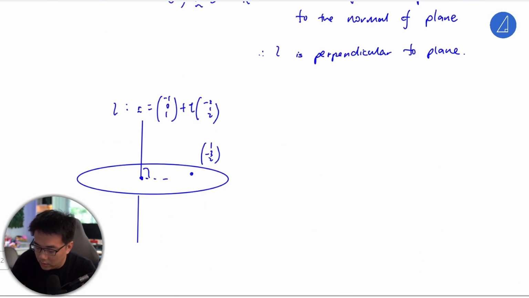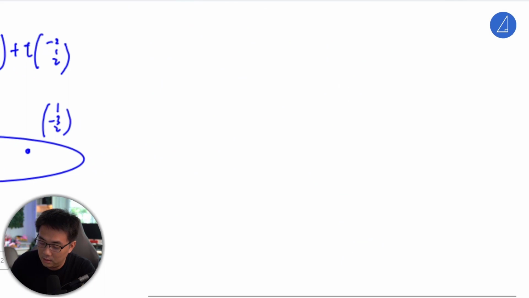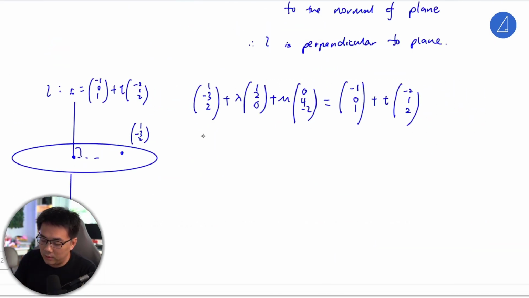So what they want is to equate both to solve for lambda and mu, because they equal each other. You just take the equation of the plane equal to the equation of the line, then you can solve them.